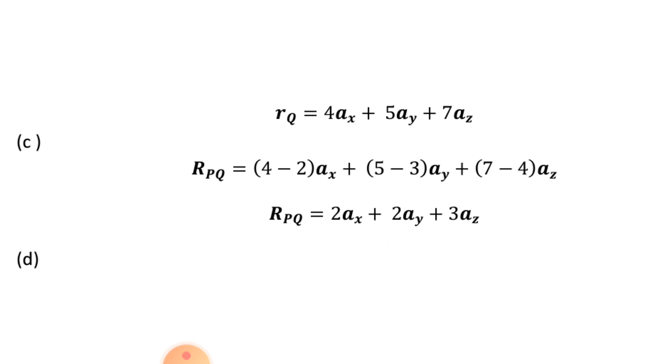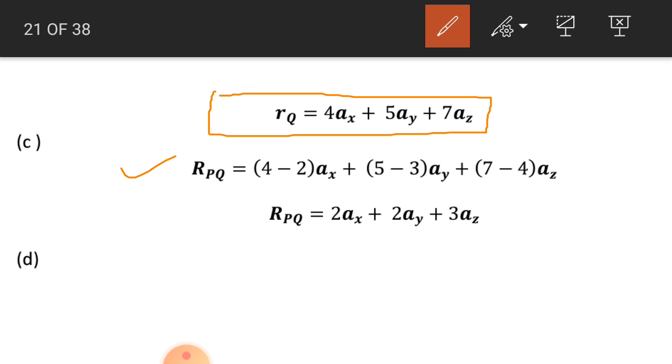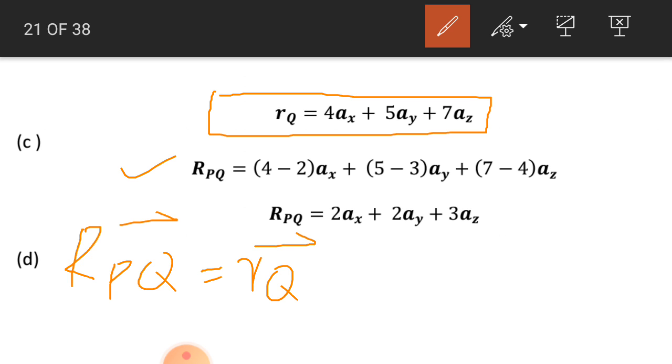Let us consider RQ over here. RQ is 4AX plus 5AY plus 7AZ. We calculate the distance vector RPQ, and we know that the distance vector RPQ will be equal to the position vector RQ minus the position vector RP.